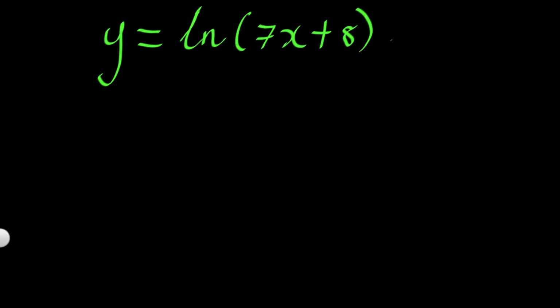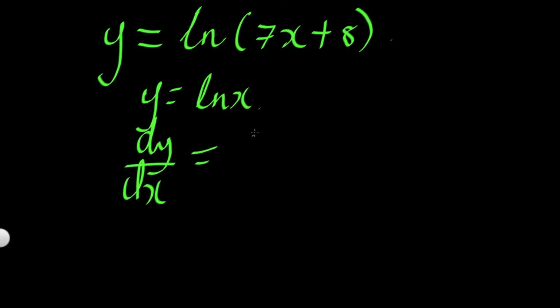This is also a function of a function. We know how to differentiate ln x. If I have y equals ln x, the derivative of ln x is just 1 over x. So dy/dx is 1 over x. So every time you're differentiating a ln function, it's 1 over something times something.